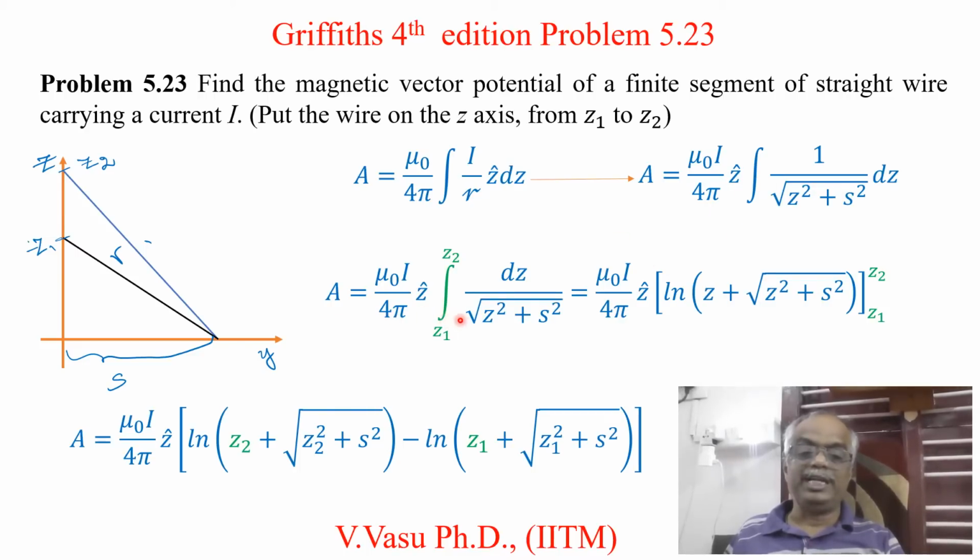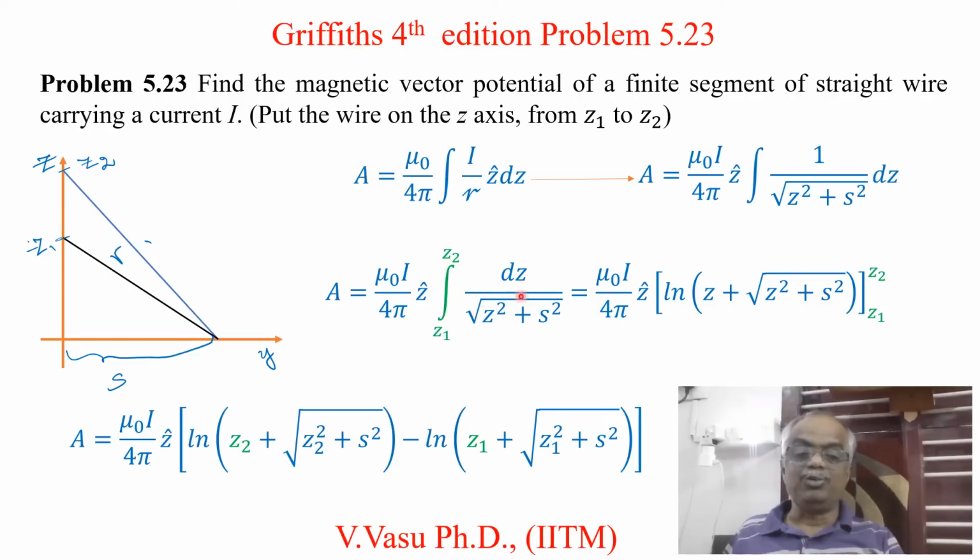Now take the constant outside: mu naught I over 4 pi z hat. We are integrating between the points z1 and z2, since the wire is a small segment as mentioned in our problem, with respect to dz.